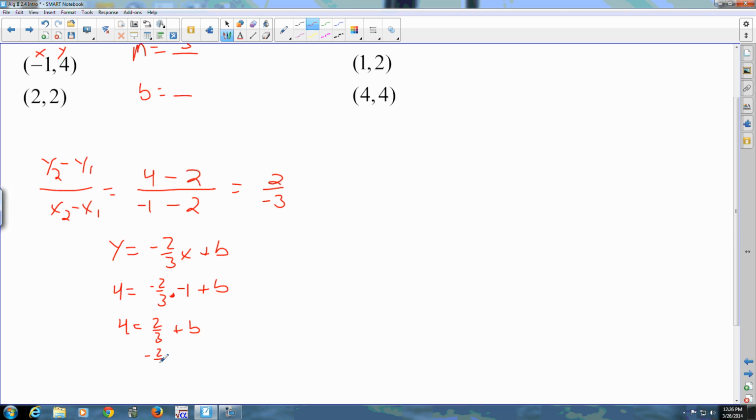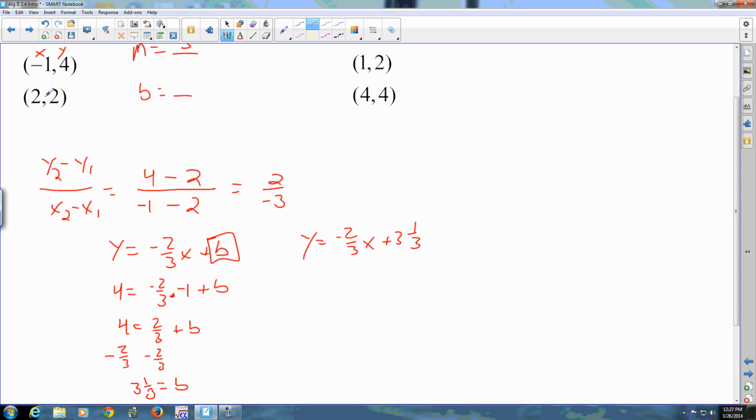I need to subtract the 2/3 to the other side. I'm hoping you can do this without a calculator. You got 4 minus 2/3 is going to be 3 1/3. So your final answer, you're going to replace the b, now that you know it, -2/3 x plus 3 1/3.